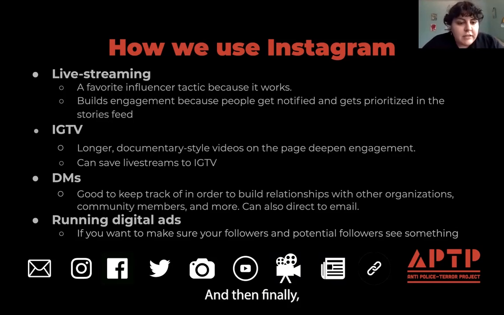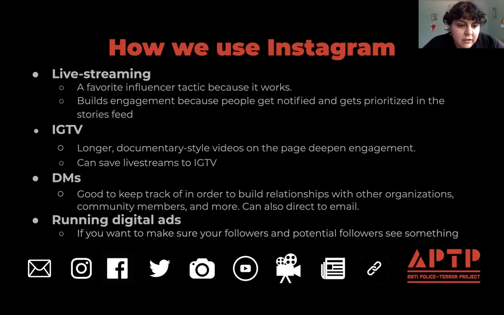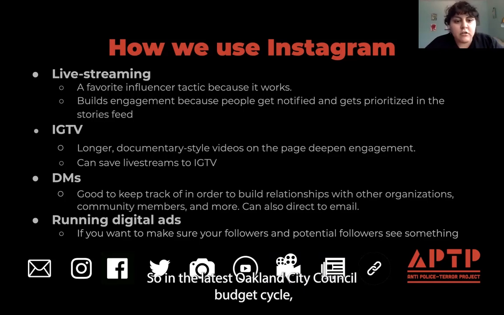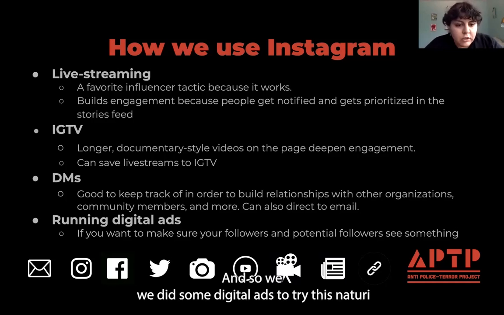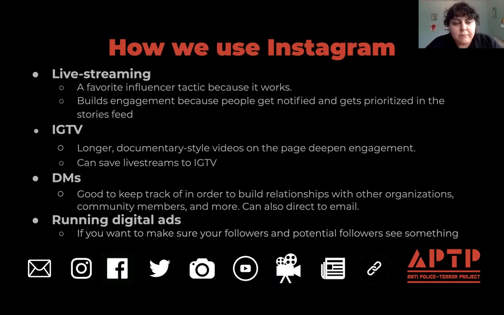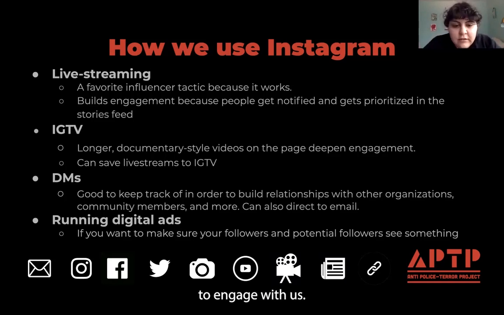And then finally, another way we use Instagram is by running digital ads. In the latest Oakland City Council budget cycle, we were doing a big push to defund OPD. And so we did some digital ads to try to saturate the Instagram platform, at least for people who are likely to engage with us.